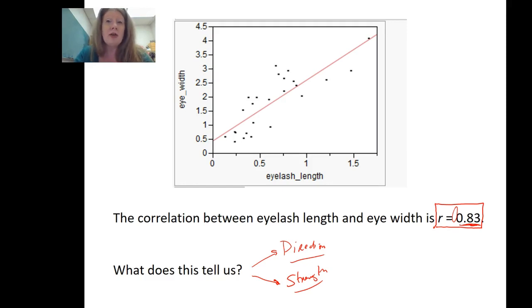The correlation coefficient is something you can compute no matter what kind of relationship you have, but it's only going to be meaningful to interpret in a particular way if we know the relationship is linear. So keep that in mind. Just looking at a value of r, you would have no idea whether the relationship is linear or not, but it has to be linear in order for you to properly interpret r.